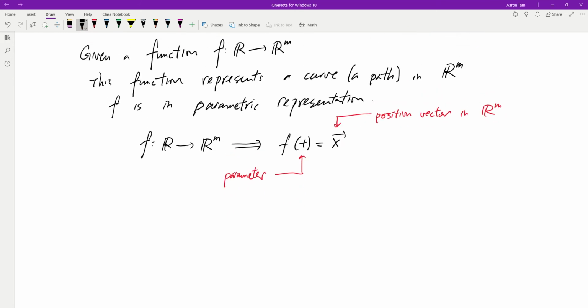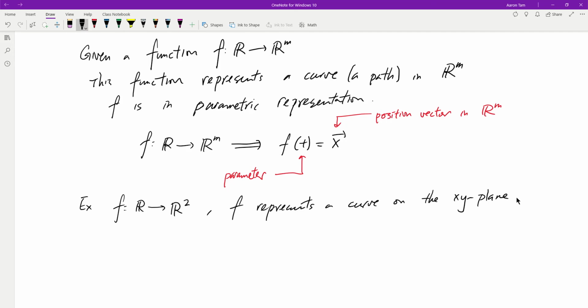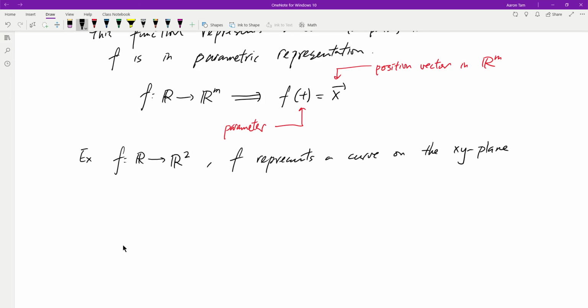So what does that mean is the following. If I were to draw the graph of this function f, imagine, for example, let's say function f maps from R to R2. Then in this case, f basically represents a curve on the xy plane, since that's what R2 is. So we could draw the graph of that just to see how it looks.